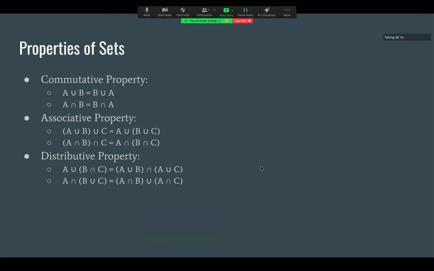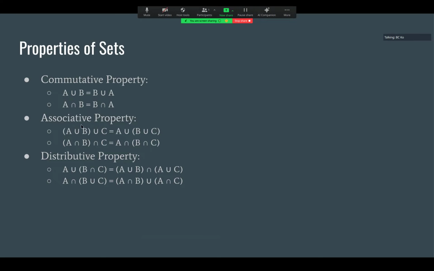Properties of sets. Sets have several important properties. The commutative property states that the order of the union or intersection does not matter. So for example, A union B is equal to B union A, and A intersection B is the same as B intersection A. And we have the associative property, which states that the grouping of sets in a union or intersection does not matter.